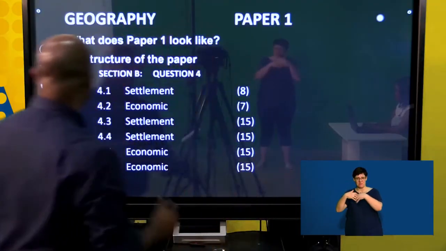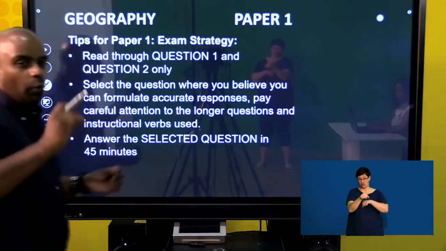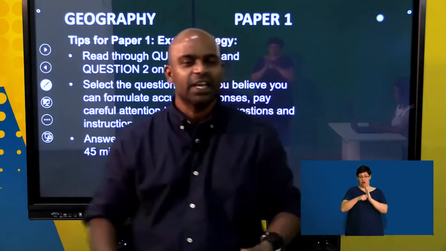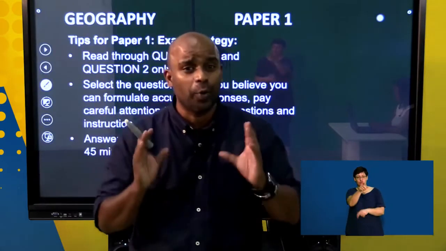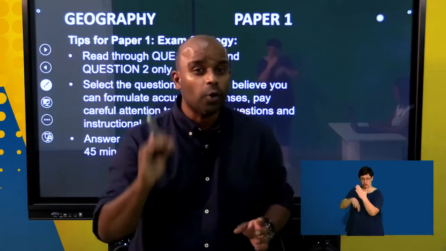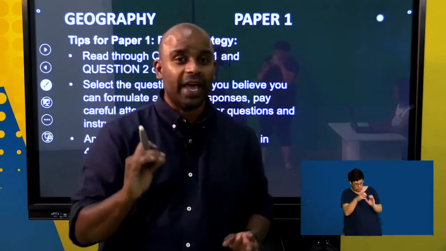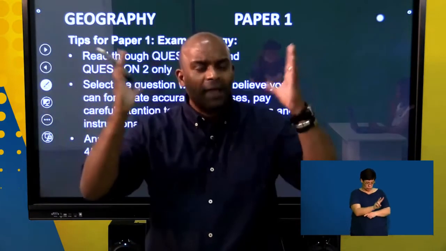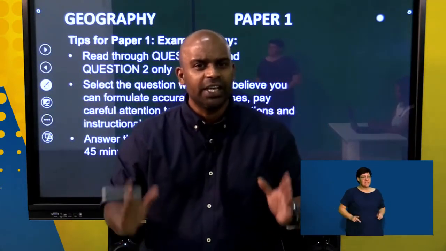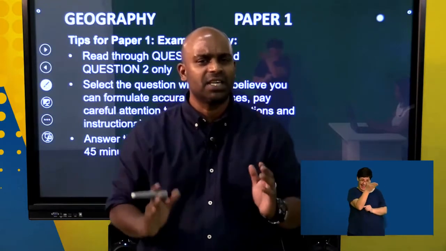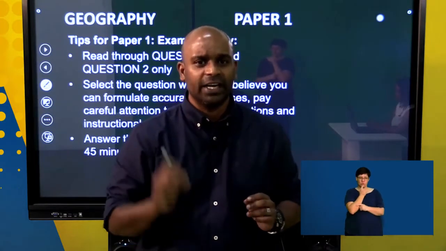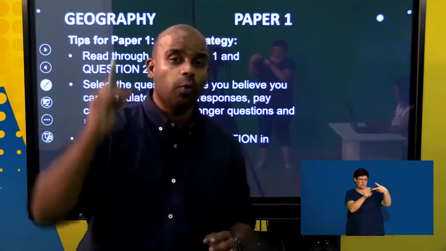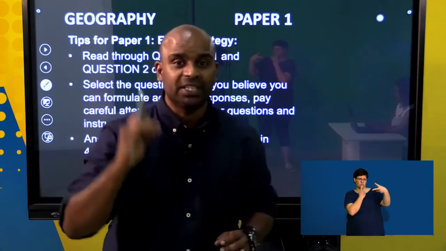Now, let's look at strategy. When you walk into the geography examination, your first 10 minutes should be about reading the question paper. But it's a focused reading. You have to look at only question 1 and 2. All my physical geography knowledge is going to rest in these first 10 minutes of my selection. What is important is that you know which sections you are better prepared for.